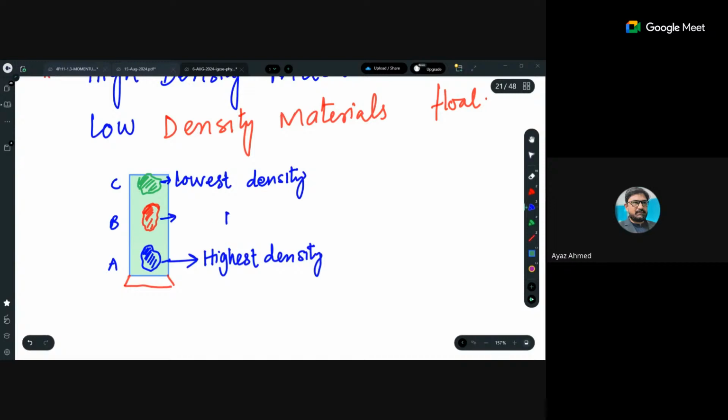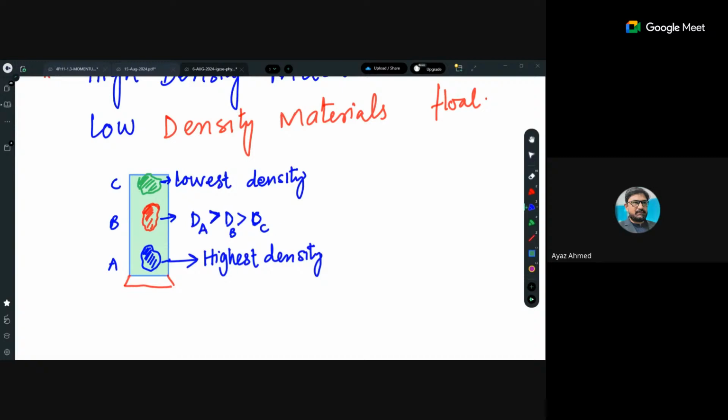So the density of B is in between block A and block C. Density of B is greater than density of C, but it is less than density of A, so it is basically in between.